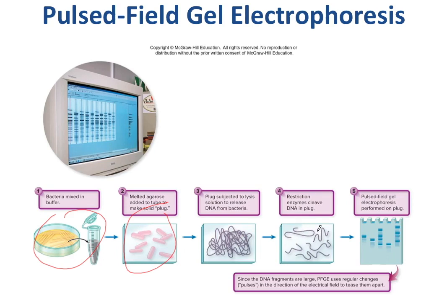However, the small pieces are still very long, so we can use pulsed field gel electrophoresis to separate those fragments. And then we can get this DNA bands image. So we can compare this bands image with the database in the CDC to identify the microorganism.